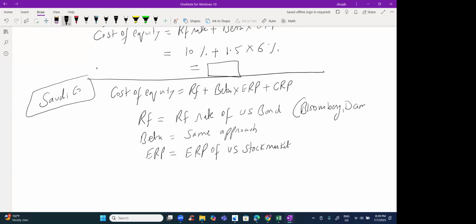The beauty of Damodaran is he publishes the data every 6 months, I think. But every year he publishes the data. You can take the risk-free rate from Bloomberg, not Damodaran, or from the government website. And you can take the equity risk premium from Bloomberg or Professor Damodaran.